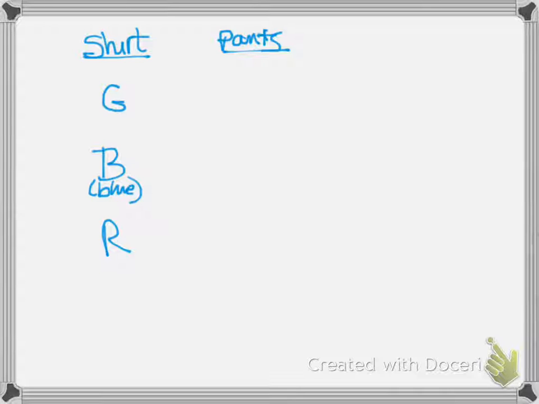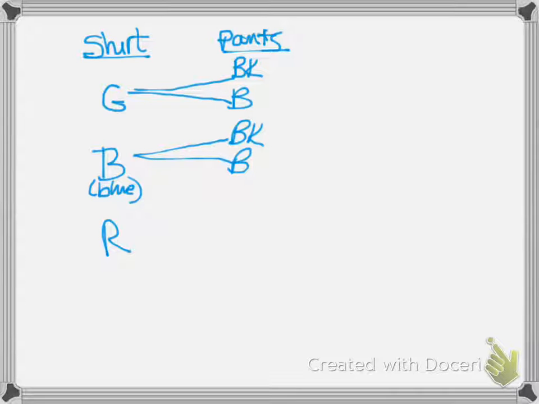For black, I'm going to go BK, and then blue is just B. So from green, I'm going to go black or blue. From my blue shirt, I'm going to go black or blue. And from my red shirt, I'm going to go black or blue.